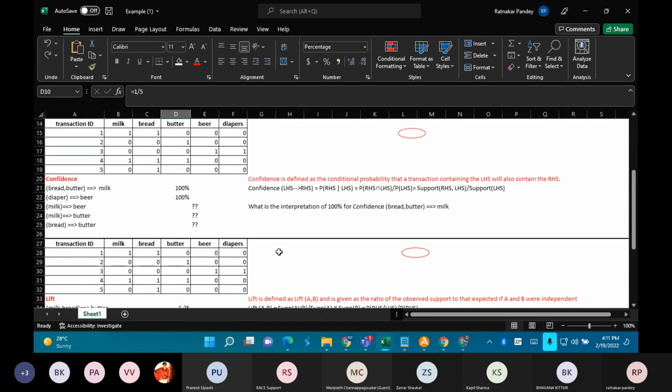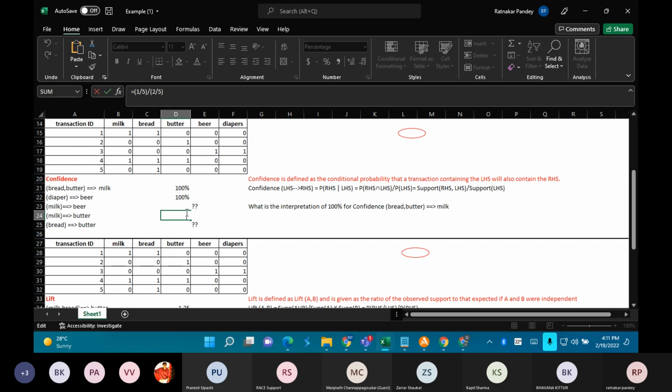What is the confidence for butter given milk? What is the probability somebody will buy butter given that they've already bought milk? 50%. This turns out to be 1/5 divided by 2/5, which is 50%.